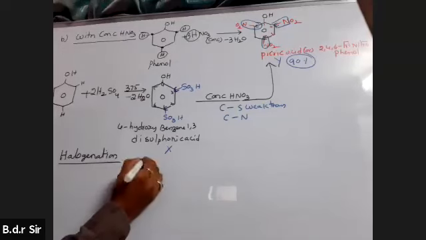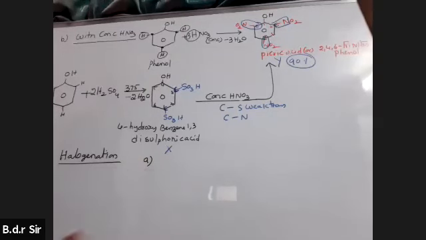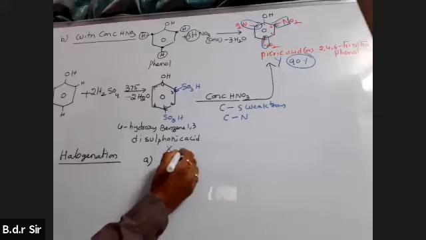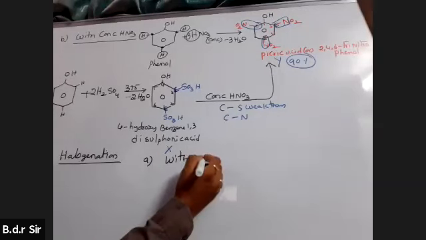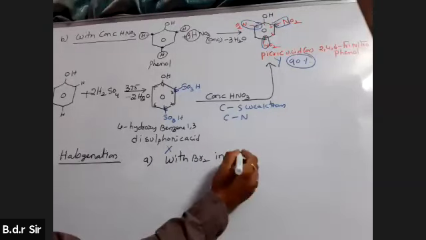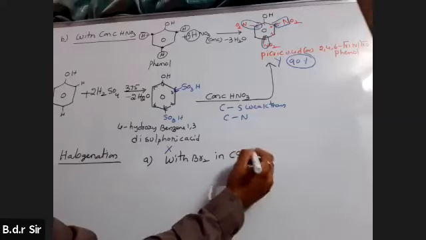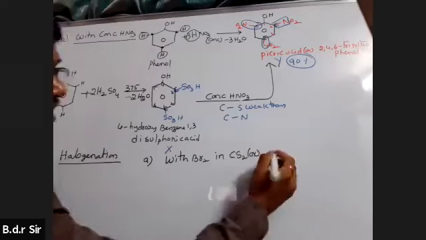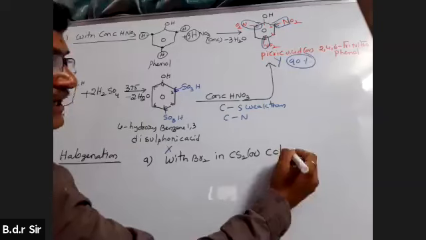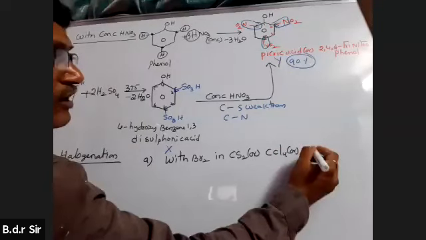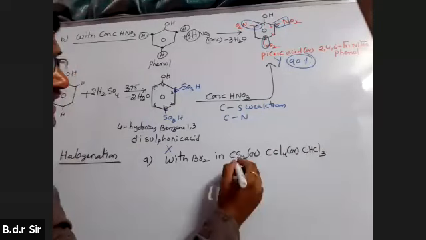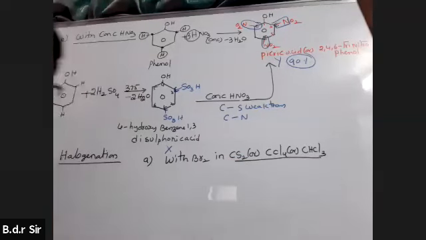Here also two reactions. One is with bromine in carbon disulfide. This is a weak solvent, or carbon tetrachloride or chloroform. Here we are taking a weak solvent.